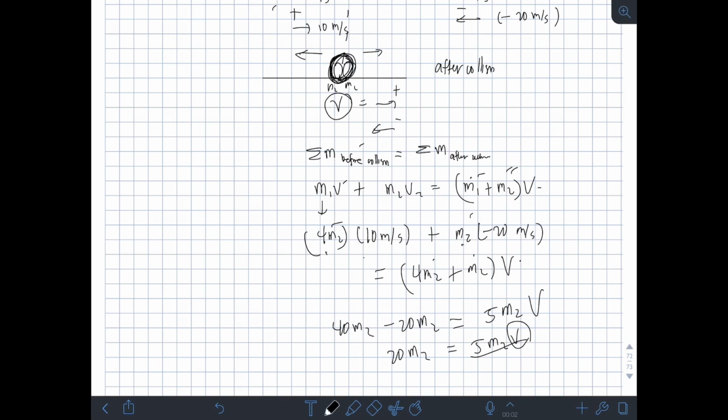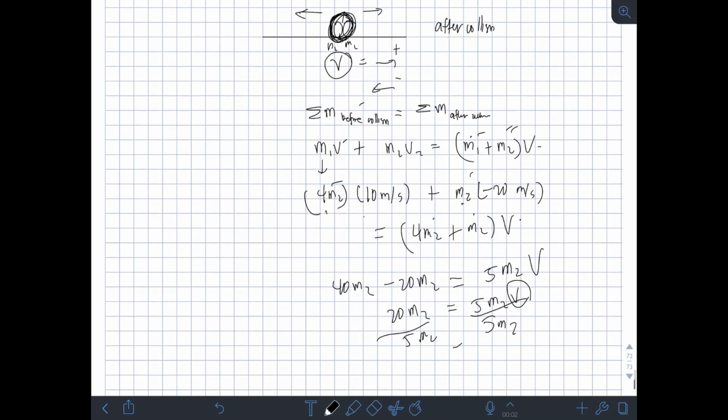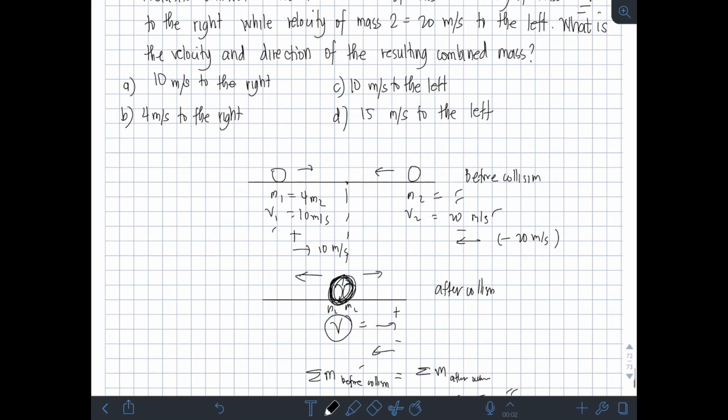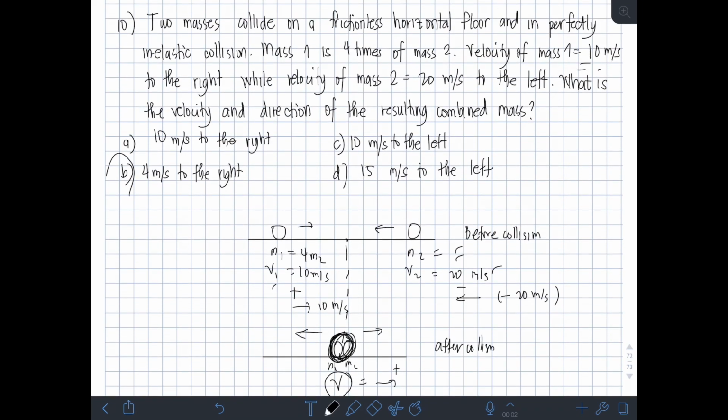To solve for V, divide both sides by 5M2. So that V is equal to 20M2 over 5M2 is 4. So, the unit is 4 meter per second. So, positive siya, ibig sabihin, to the right. Okay? So, the answer is letter B. 4 meter per second to the right.